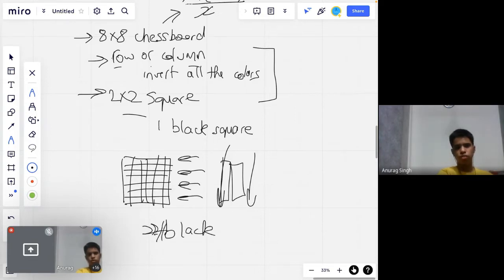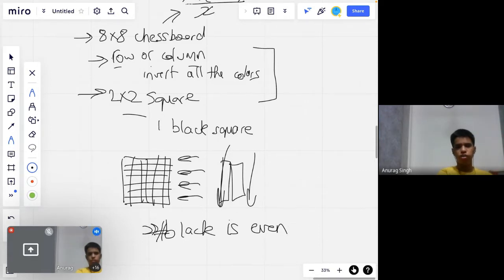So in a row, there may be even four black and four white colors. If we invert them, we still have four black colors, which is even. And if we invert in a 2x2 box, we still have two black.